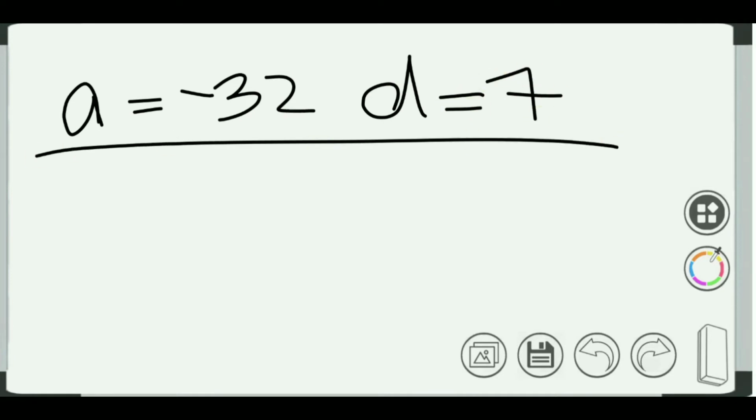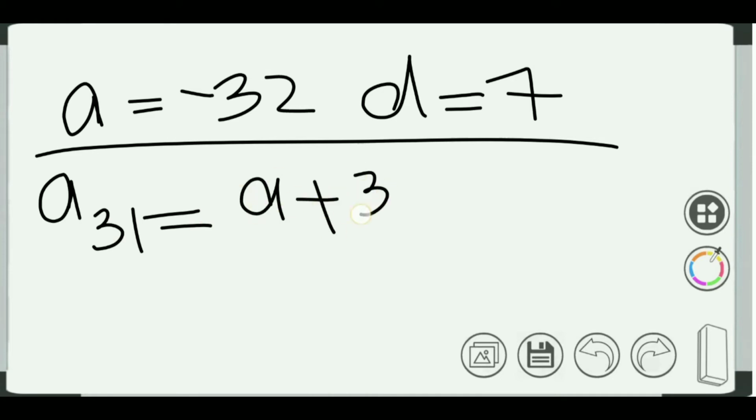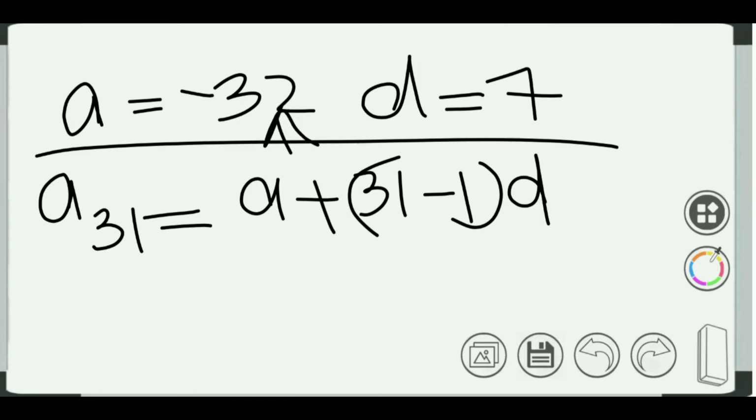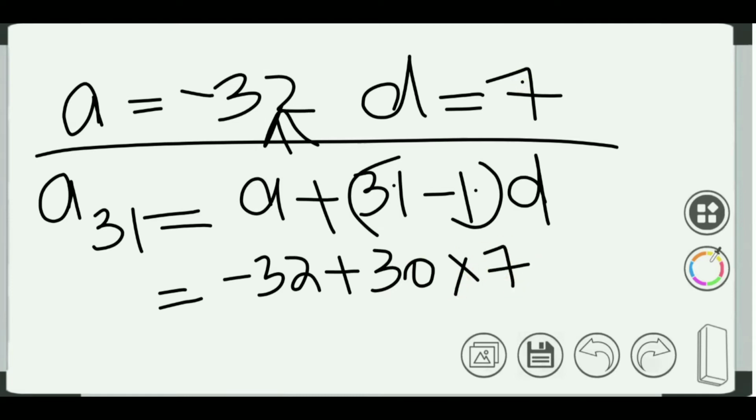Now can you find the 31st term? See what is the 31st term? A31. Just replace n is equal to 31. A plus 31 minus 1 into d. What is a? Minus 32. Minus 32 plus 31 minus 1, 30 into d is 7.